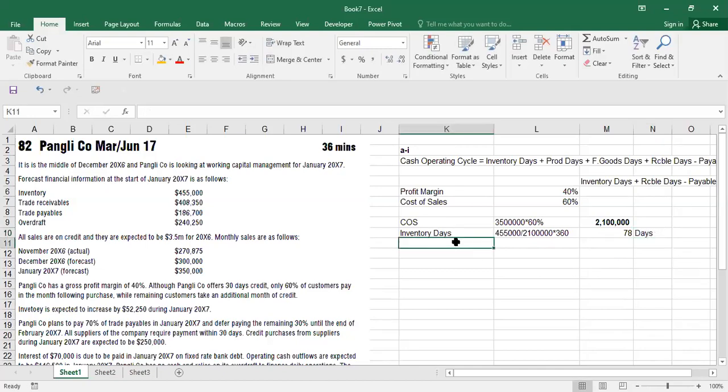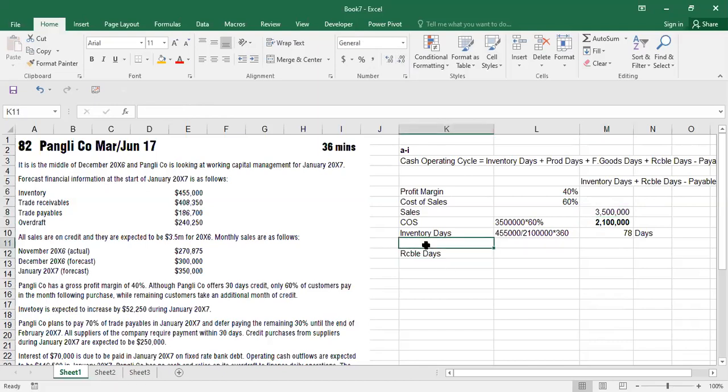Similarly, you need to calculate your receivable days, and you should not forget that receivable days you should be calculating on sales. Your sales figure is 3.5 million. Inventory days you calculate on cost of sales, but receivables are about sales.